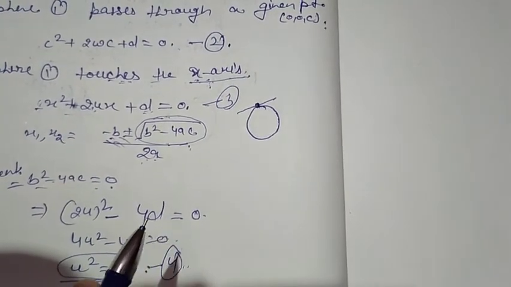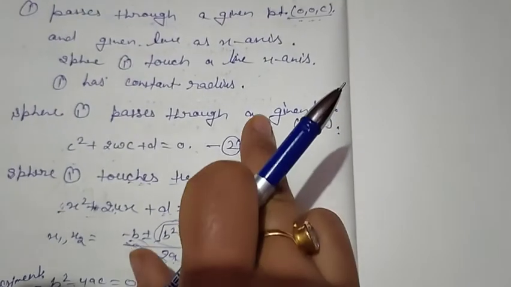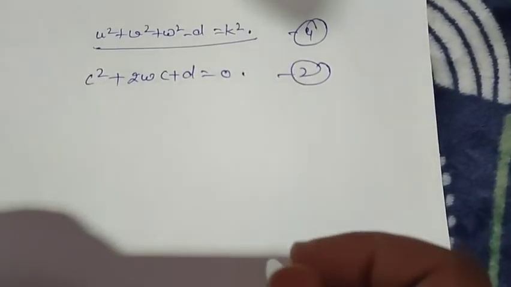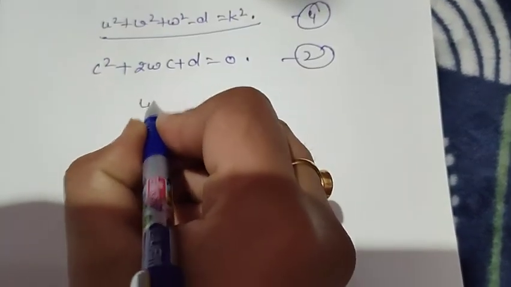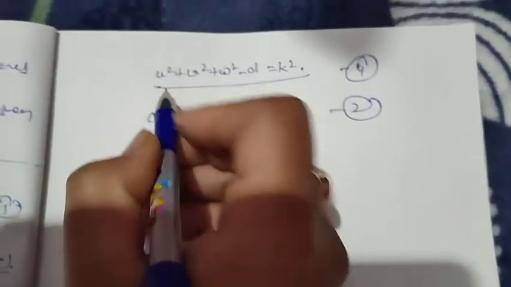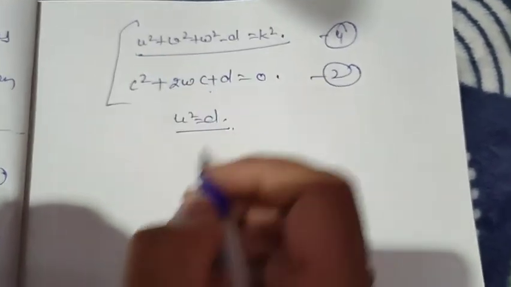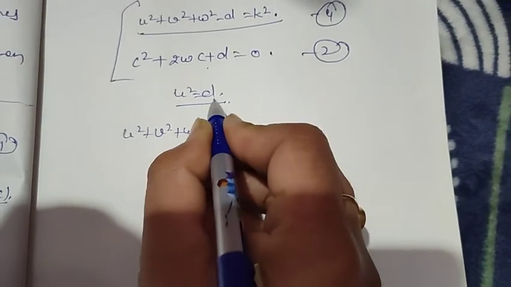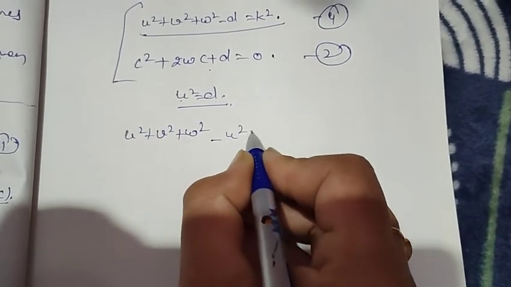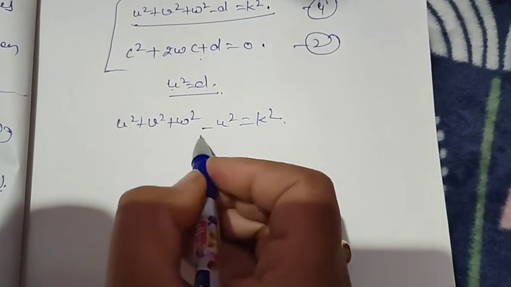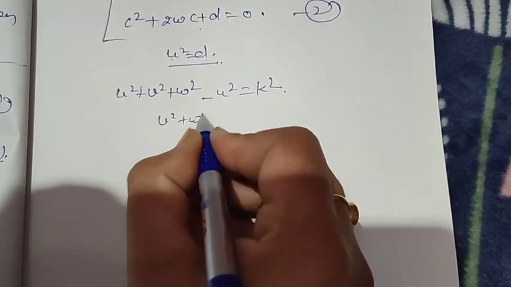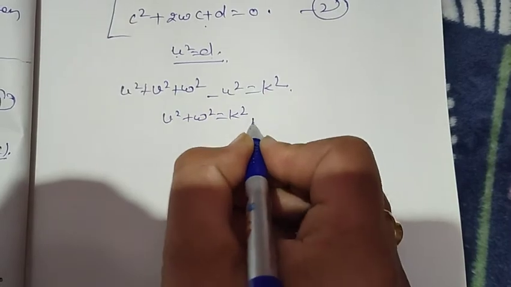We put this value of d in equation 2nd and in equation 4th. Then u square plus v square plus w square minus u square is equal to k square. The u squares cancel, so v square plus w square is equal to k square.